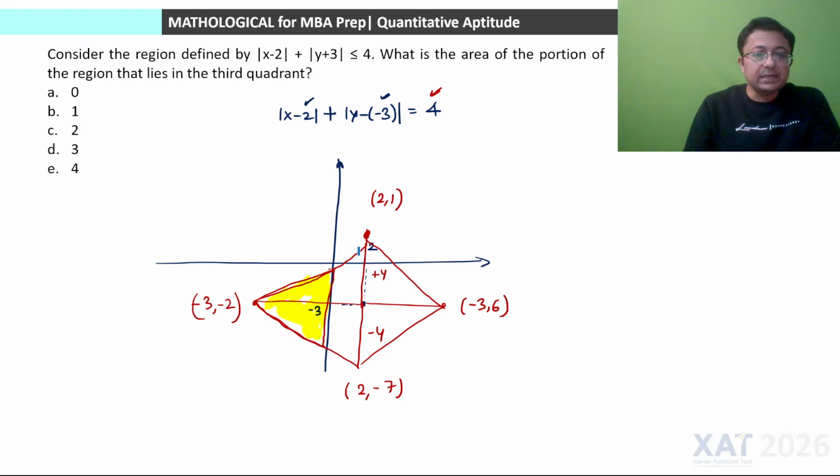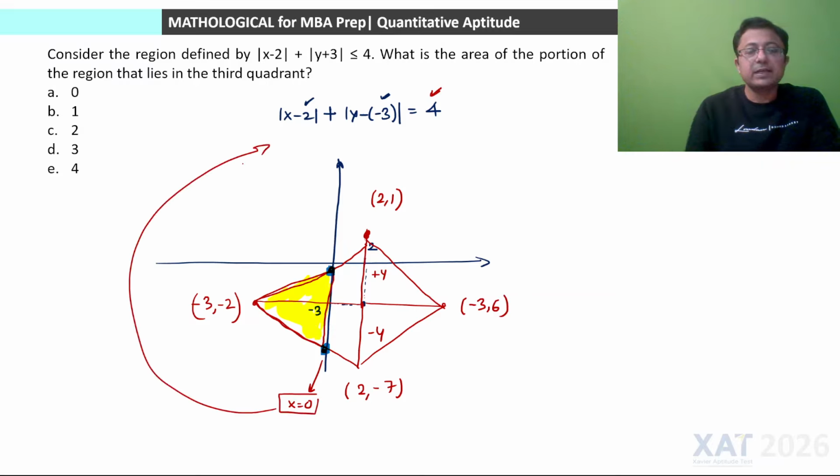To find the area, we need these 2 points, this point here and this point here. For these 2 points, we know that the x coordinate will be 0, so just put x equal to 0 in our equation, and we'll get these 2 points.